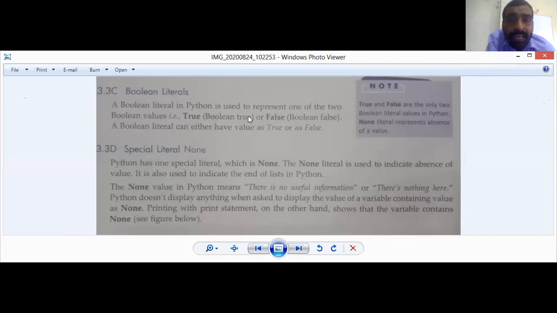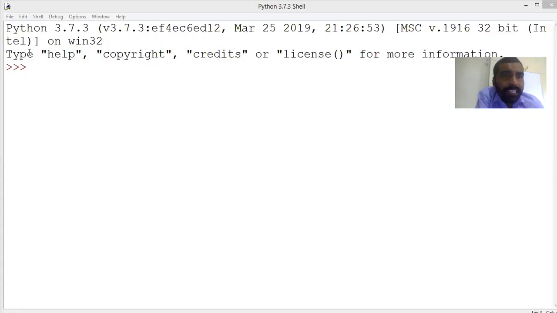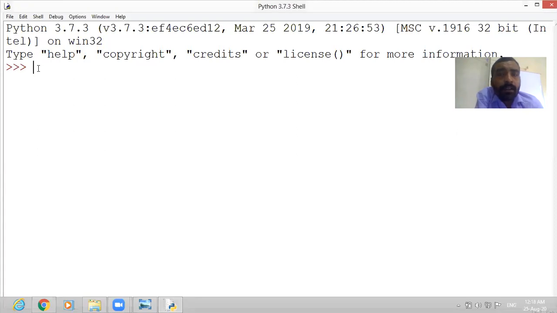Let me show you this in Python. I'm opening the Python screen. Let me share the Python screen. Can you all see the Python screen? Yes, sir.